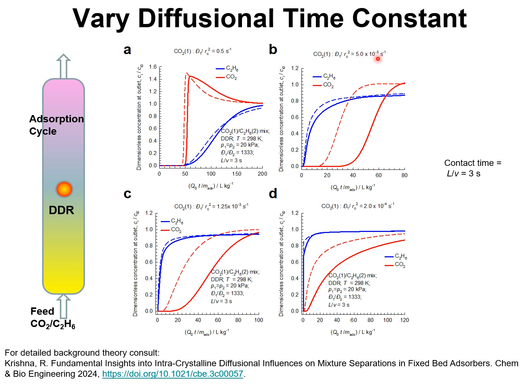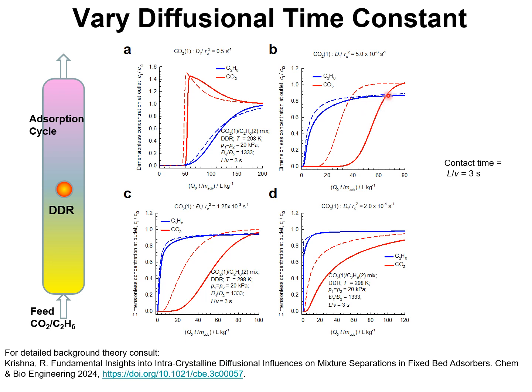Let's take the value of 5 times 10 to the minus 3. If I multiply that with 3, I get a value of 15 times 10 to the minus 3, which is 0.015, and this value is significantly lower than the value mandated by the Glueckauf approximation of 0.1.